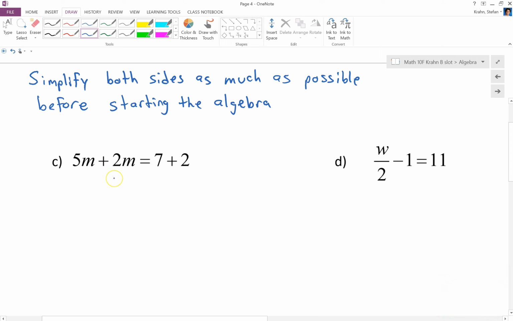So 5m and 2m are actually like terms, and 7 and 2 are actually like terms. So this side would simplify to 7m, and this side would simplify to 9.